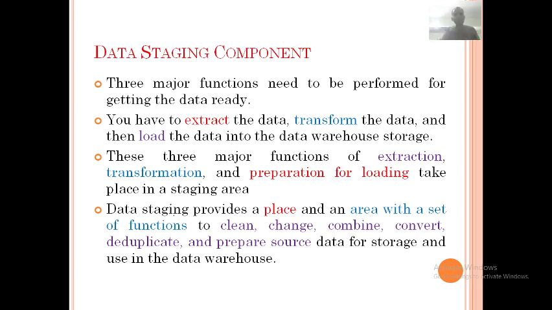The extracted data comes from several disparate sources like archives, external sources, and files. Because all the branches are in 10 different cities, they are disparate data. Those need to be stored in a single place, called a data warehouse.